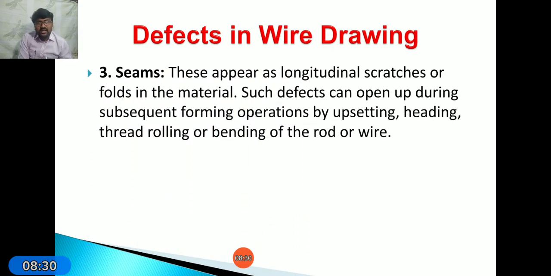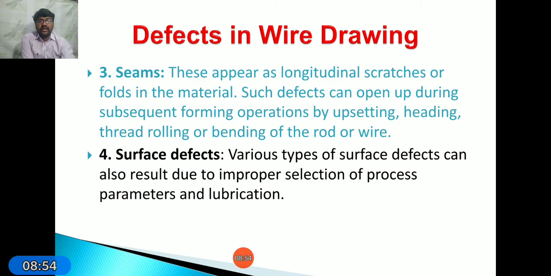These are the different reasons for the formation of internal cracks in the wire drawing process. Next, coming to seams, these appear as longitudinal scratches or folds in the material. Such defects can open up during subsequent forming operations, like upsetting, heading, thread rolling, or bending of the wire. Due to this, seams will happen. Next, coming to surface defects, various types of surface defects can result from improper selection of process parameters, lubrication, or materials.